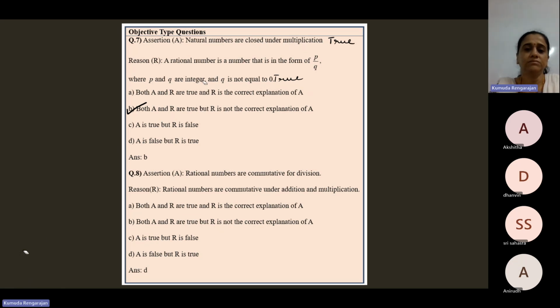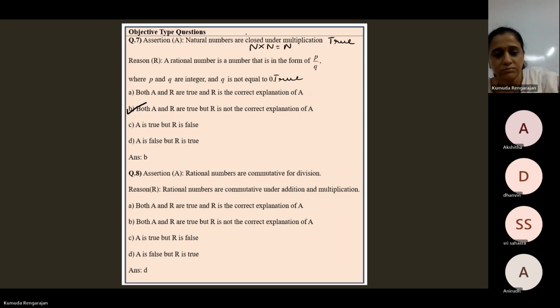Read the second one. Rational numbers are commutative for division.